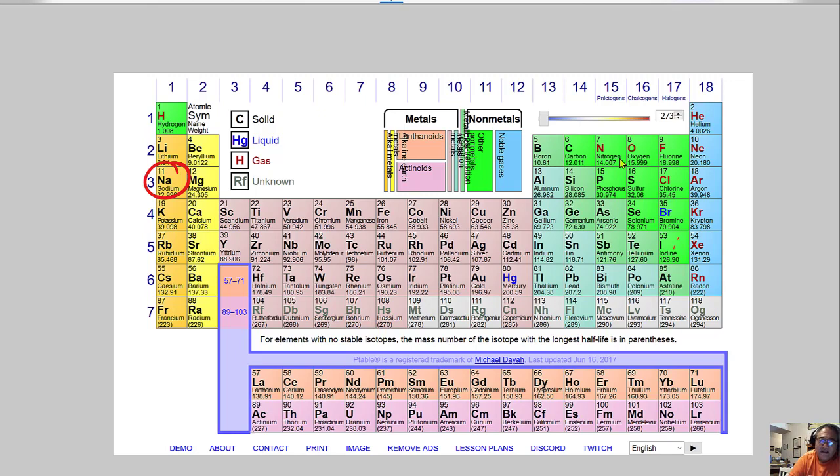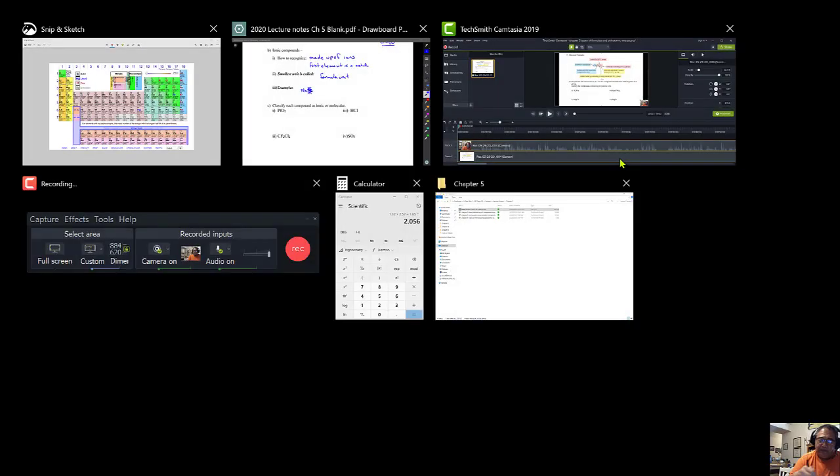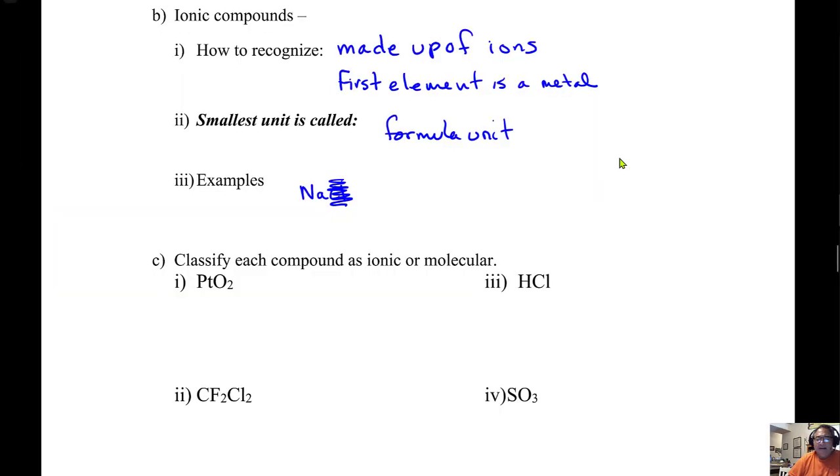It's a very interesting experience to see some of these pure elements because they're not exactly what you might have thought they were. We'll talk about that a little when I finish this section. So there's sodium chloride, that would be an example.